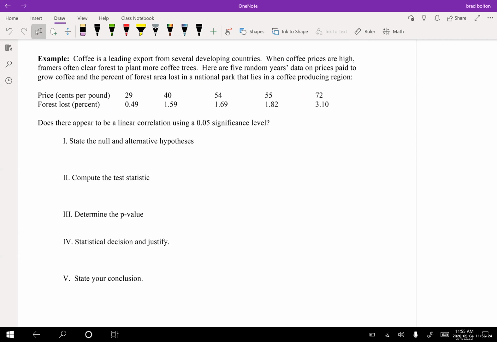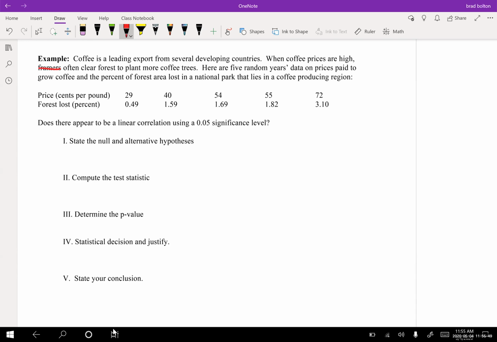Here's another problem, but this one I would like to do a hypothesis test on like we've been doing, okay? So it says coffee is a leading export from several developing countries. When coffee prices are high, farmers often clear forests to plant more coffee trees.